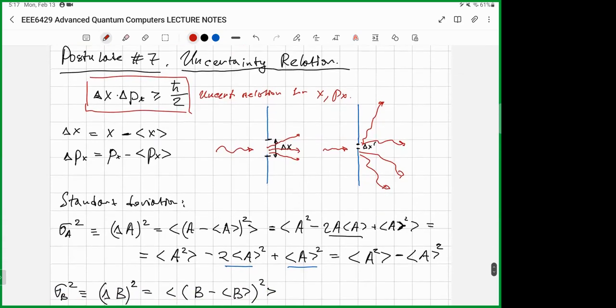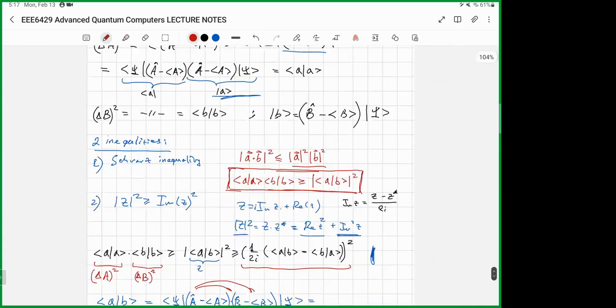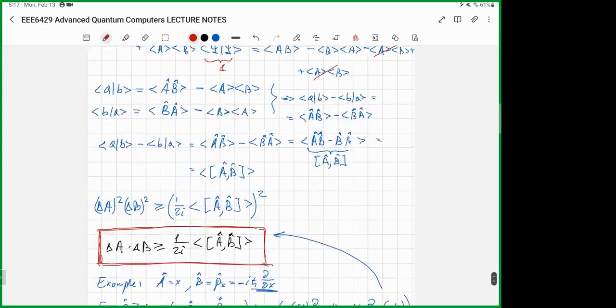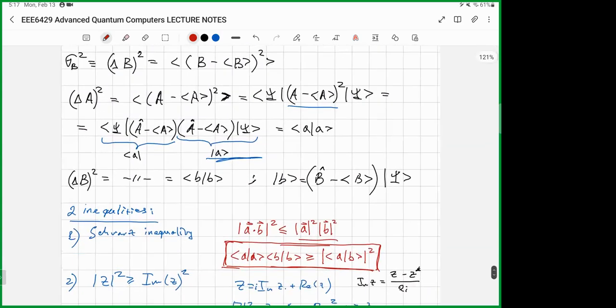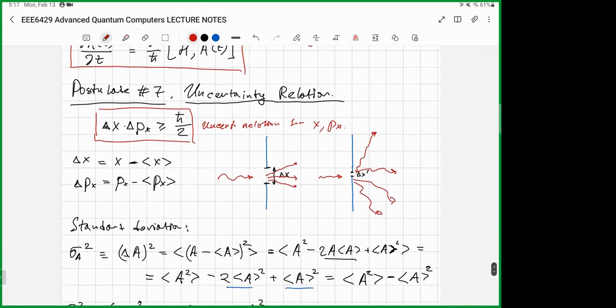And then probably the last one we discussed so far is this uncertainty relation.